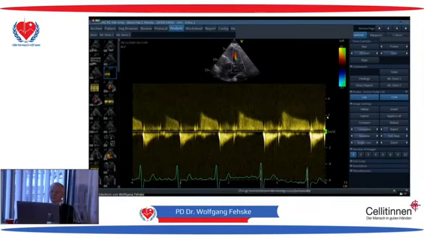And in former times, we had always said that the end diastolic gradient across the pulmonary valve is interesting, or what is over 2 meters per second reflects high resistance of the pulmonary artery. This is what we have to fear.